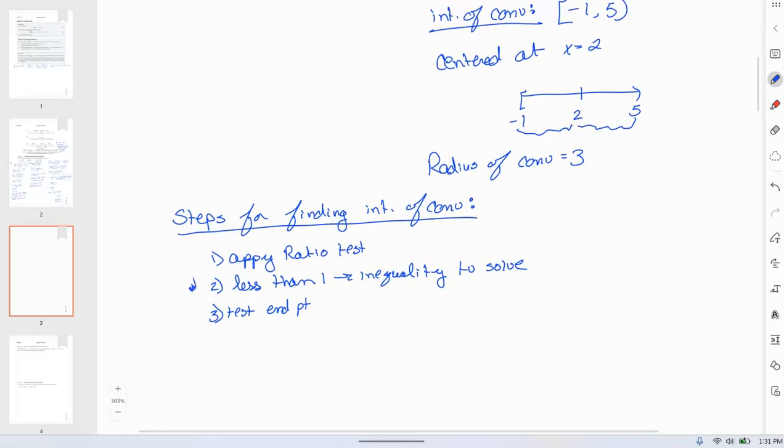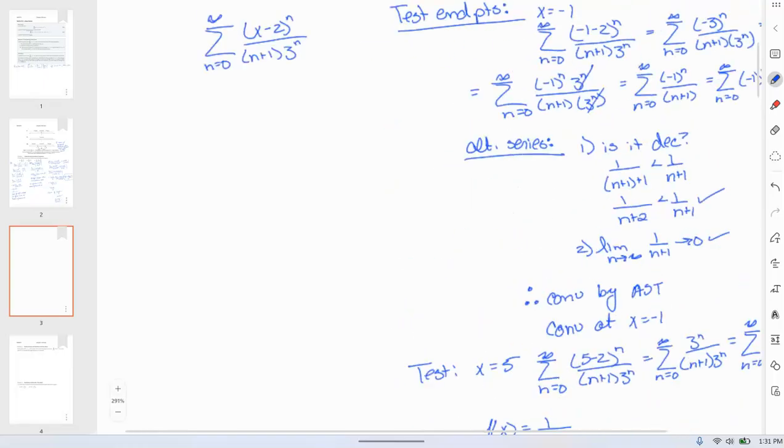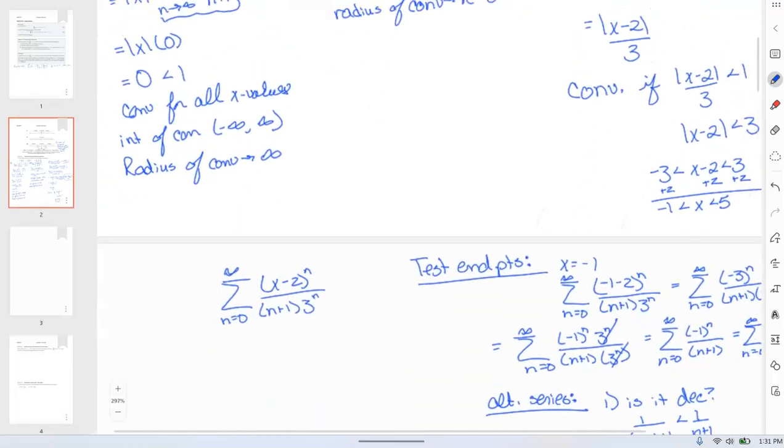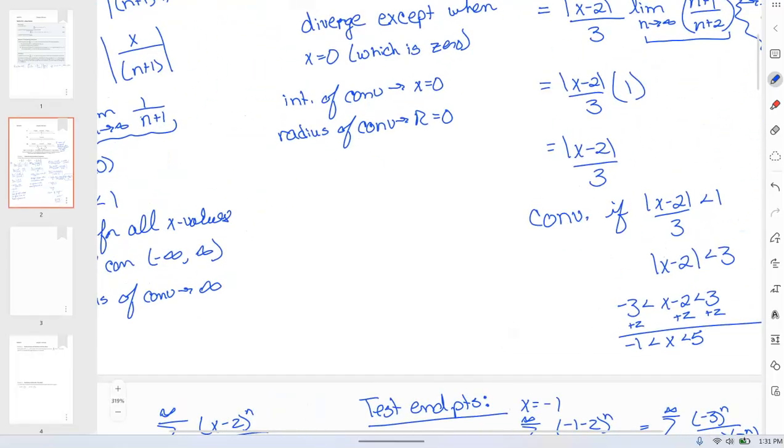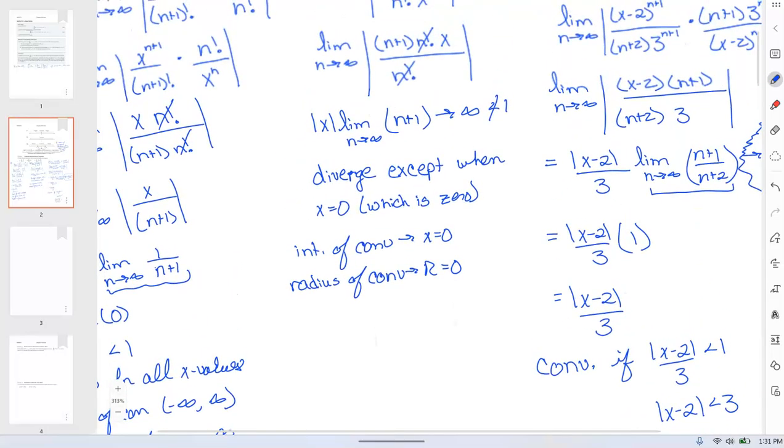Now in example 2, things were a little bit different, and same thing with example 1, that second step was different. Because when we found that limit, this was example 3, when we found that limit, as n went to infinity, we ended up with something here that had to be less than 1. That didn't happen in example 2.